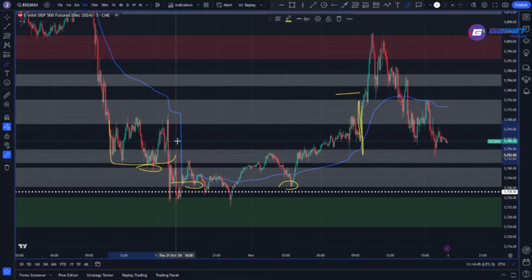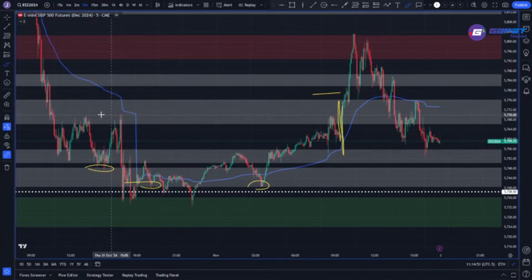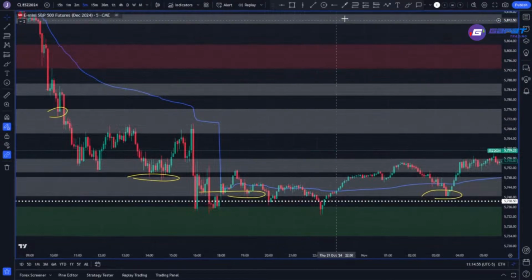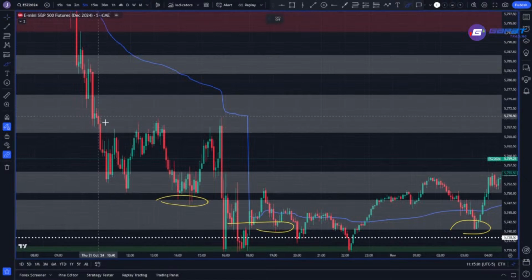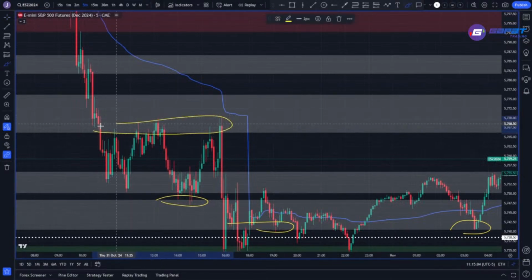And then this area is balance area high and also support and resistance. Let me zoom in a little bit. So resistance and balance area high. This is resistance and this is support.